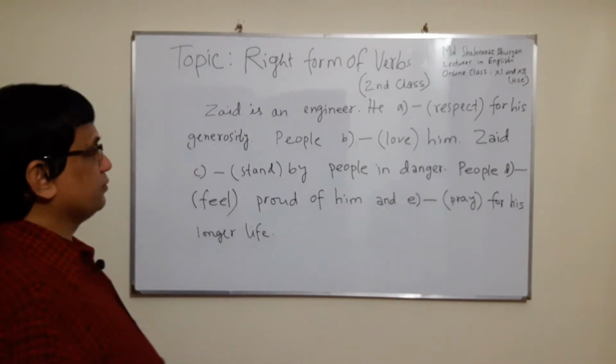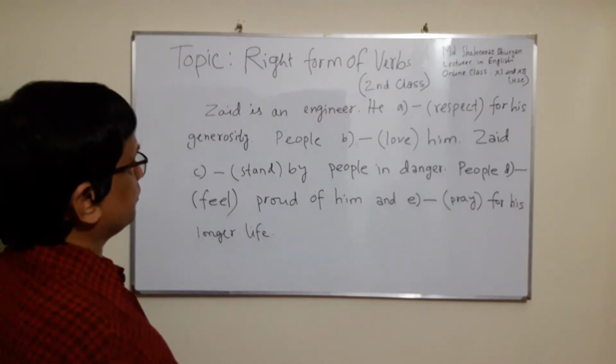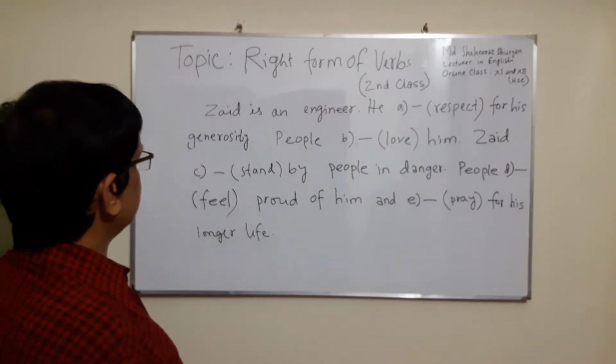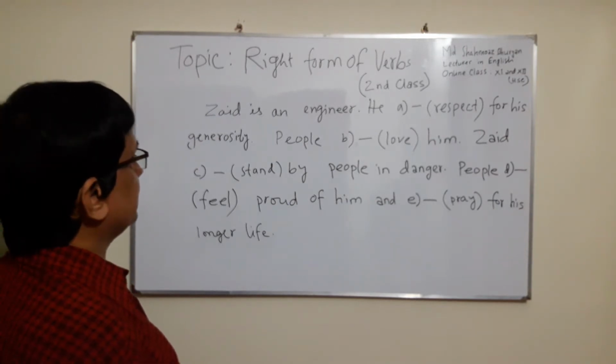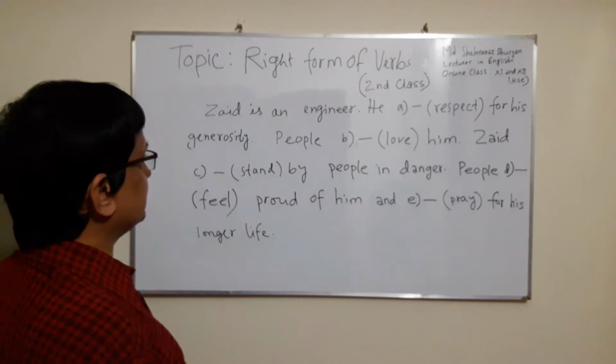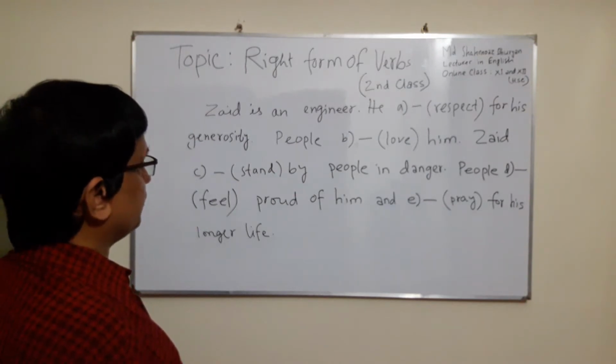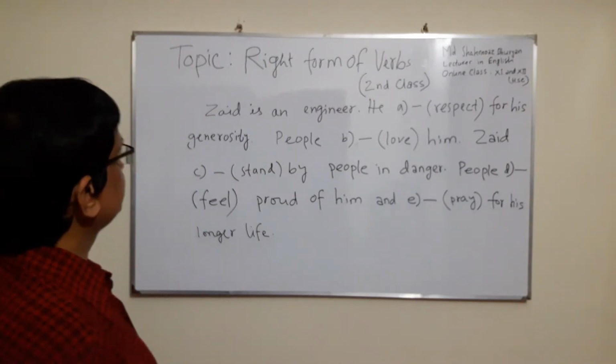In your English second paper, the 5th number question is on right form of verbs. The question will be a text, and in the text there will be 10 verbs. You have to use the proper form of those verbs.